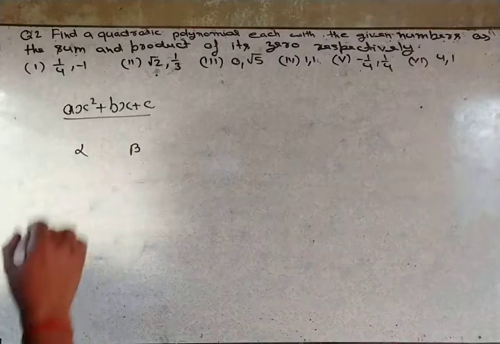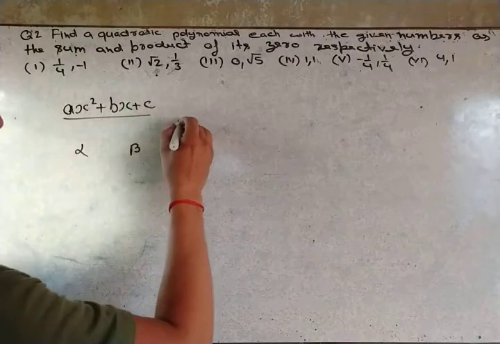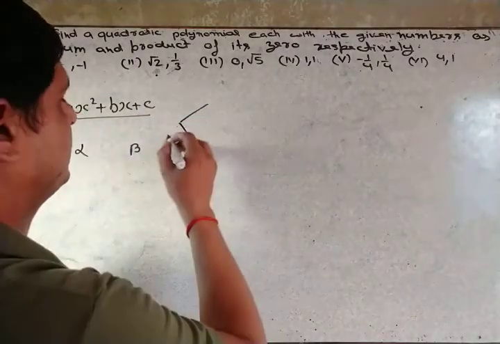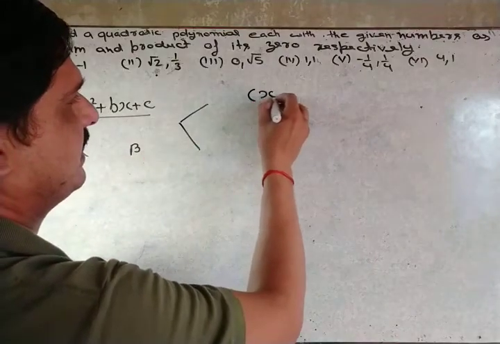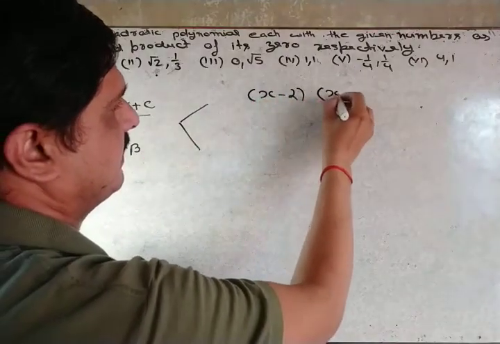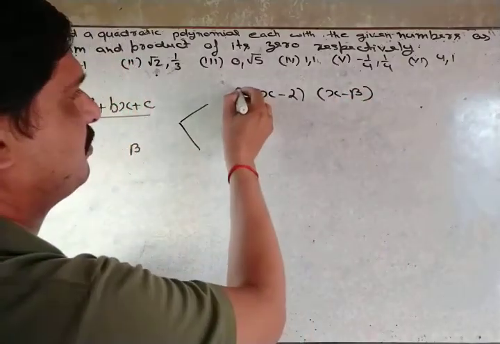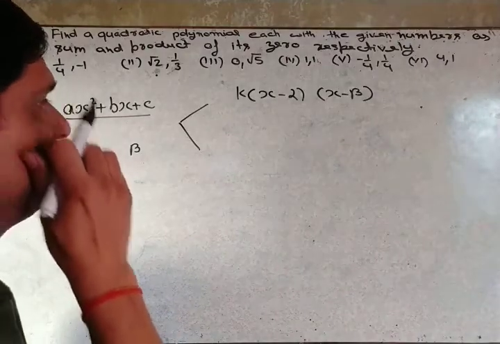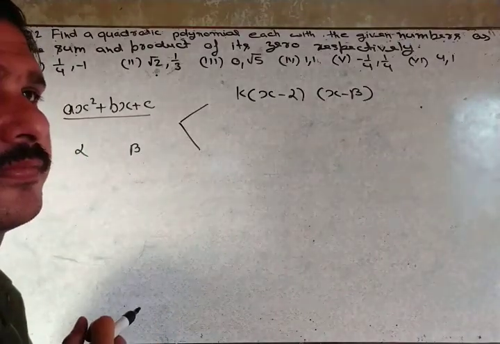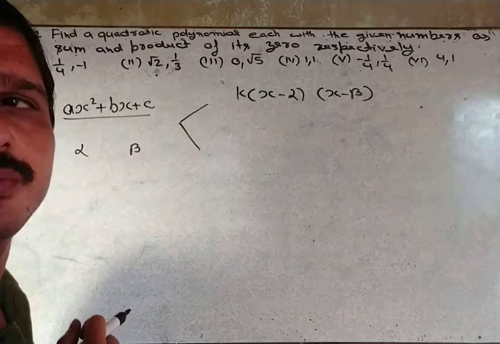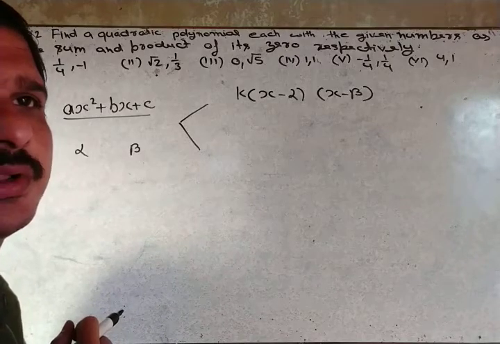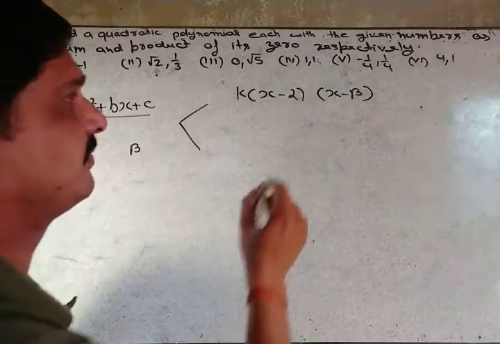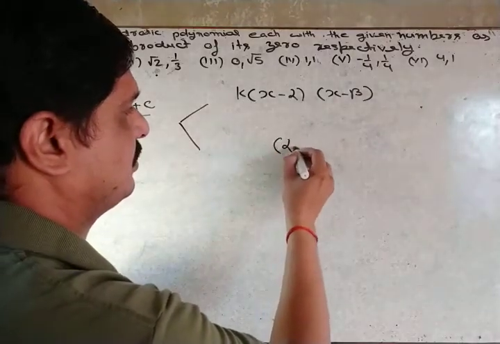You also know the equation in the form of alpha and beta, and you need to put 1 or k. Similarly, I have given you one more in terms of sum.